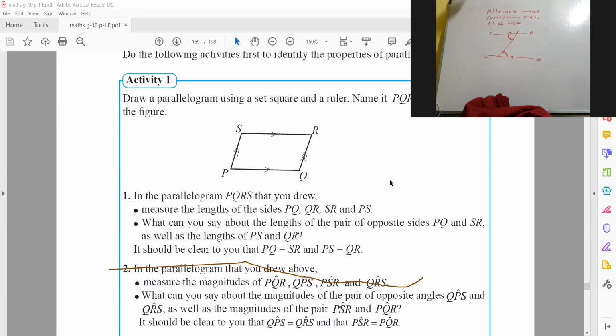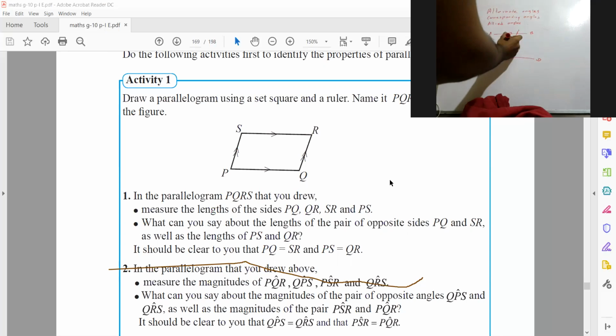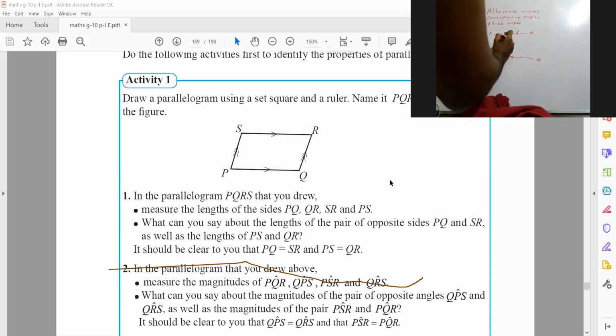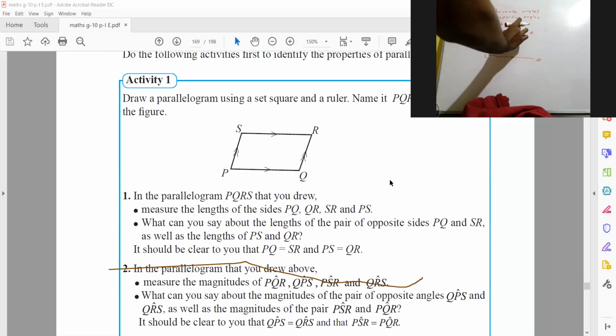So if you want, you can write this down. If you know this, it doesn't matter. Then these are alternate angles. Then corresponding angles, right?